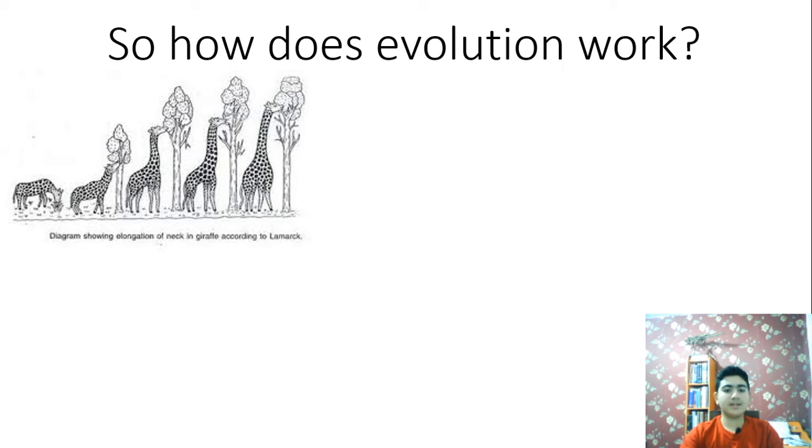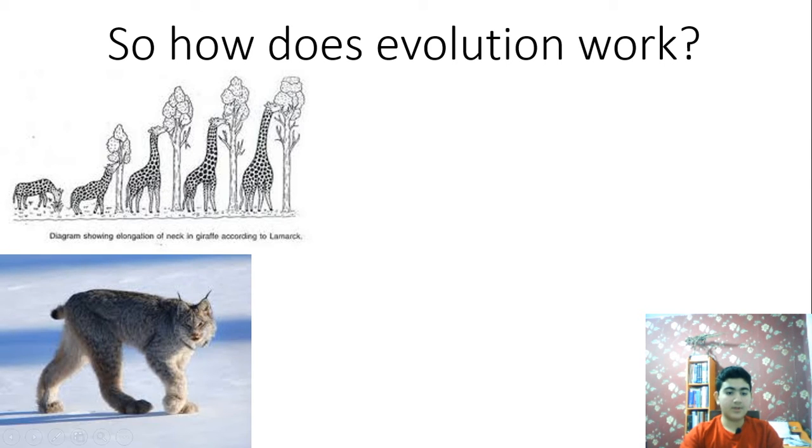So their necks got longer. And evolution occurs as the unequal reproductive success of individuals ultimately leads to an adaptation to their environment.